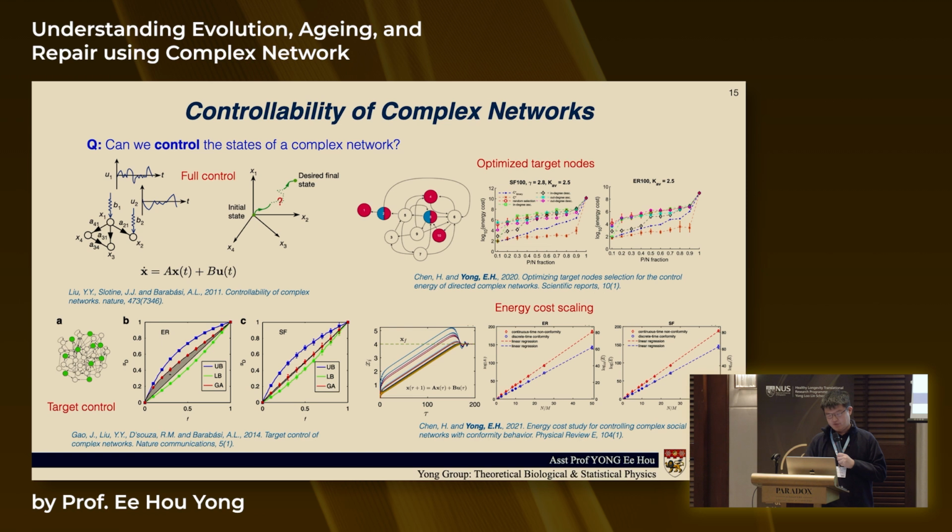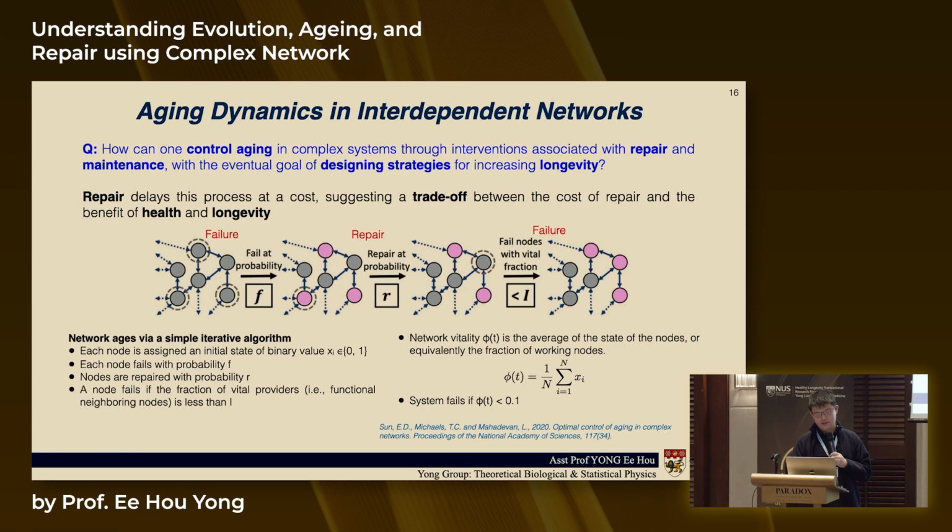Okay, so now that I've described all these different facets that we can use complex networks to describe, what if you put it all together in order to study aging, right? So this was done in a recent paper in Professor Mahadevan's group at Harvard. What they did was they basically used concepts like node removal.